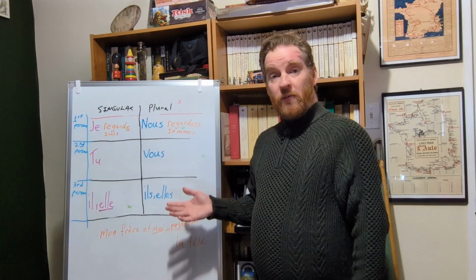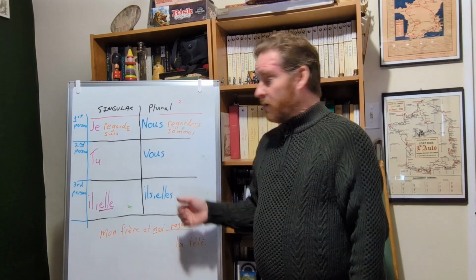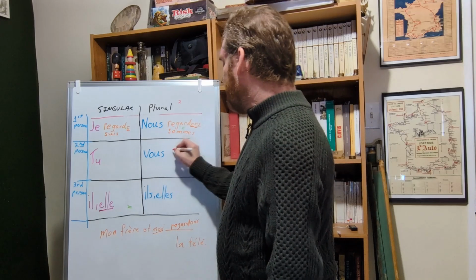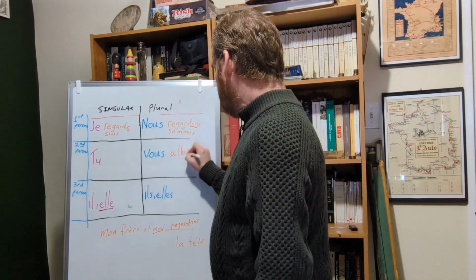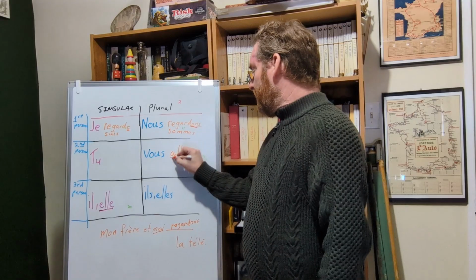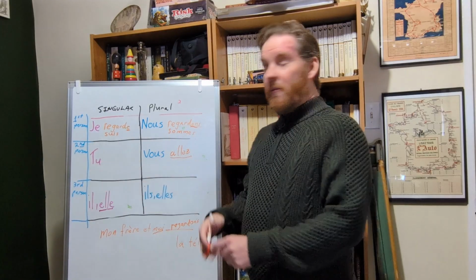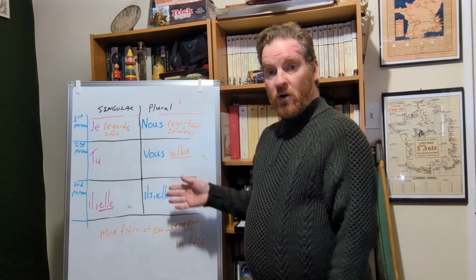And it also helps them when they're reading and they come across a verb and they see whether it's regardons, or if we're using, say, vous allez. Again, they recognize that as a plural second person subject, which makes what they're reading more comprehensible.